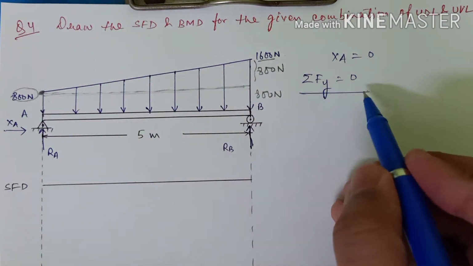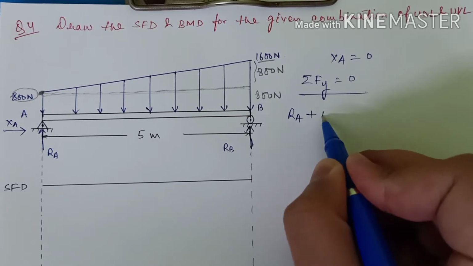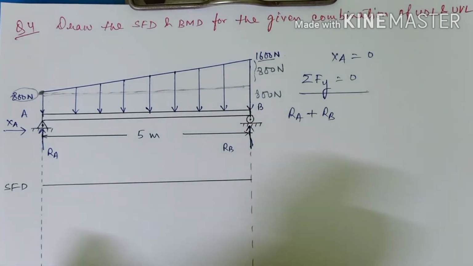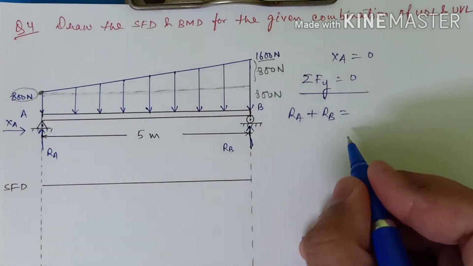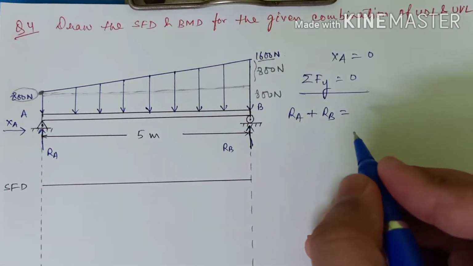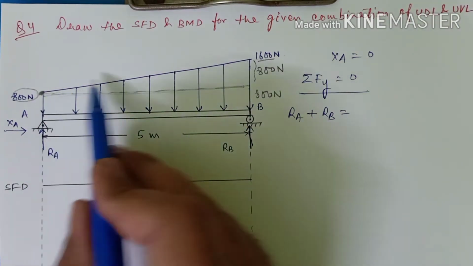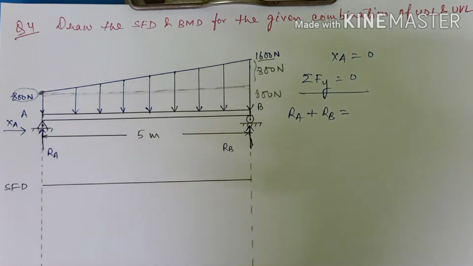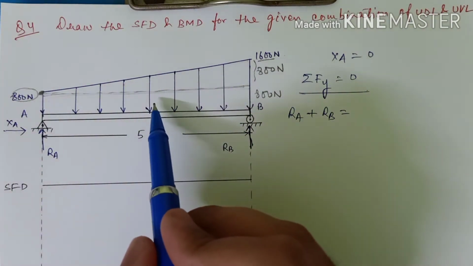So for the summation of Fy, I'll be considering the upward forces as positive. RA and RB are acting upwards, so positive, and this will be balanced with the forces acting downwards. What are the forces acting downwards? It is basically this loading. Let us first consider this UDL. What will be the value of the UDL?